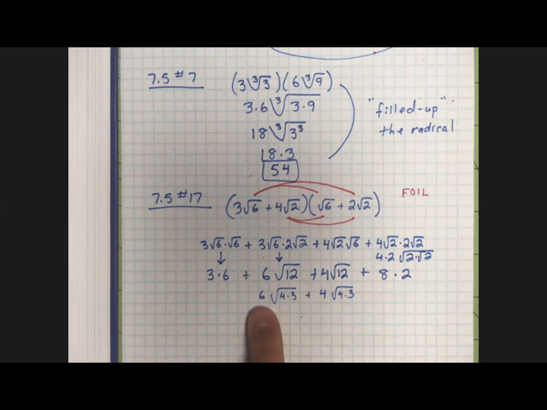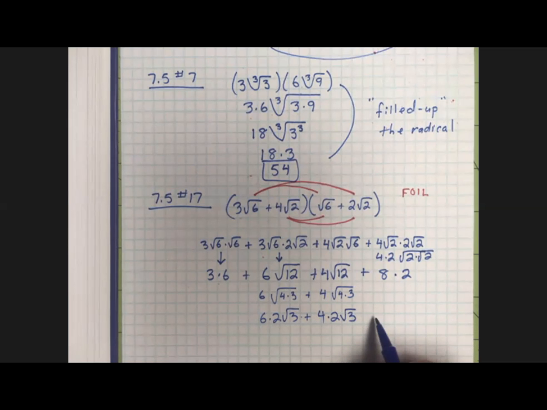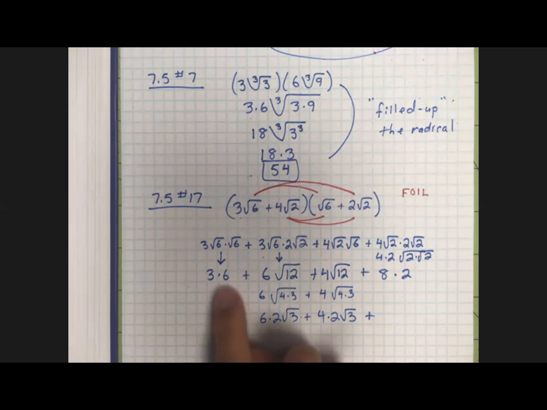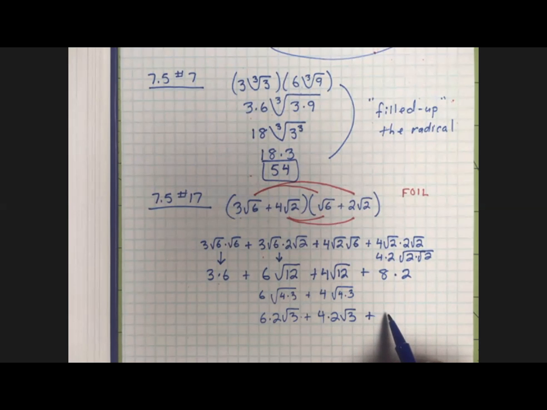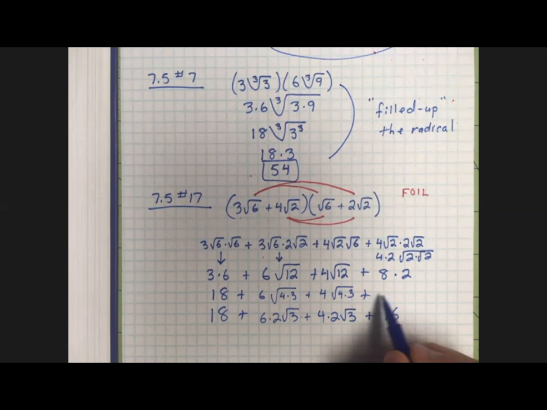This is 6 times 2 times the square root of 3. This is 4 times 2. Square root of 4 is 2 times square root of 3. The first and the last were not going to be a pain. So that's just 16 on the back and 18 on the front. I saved those for the end because they were easy.